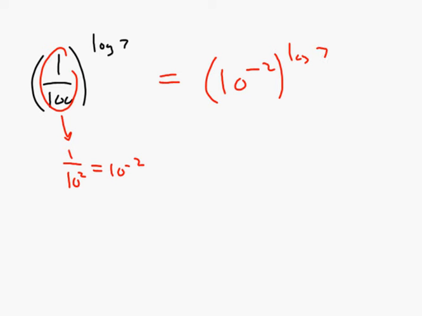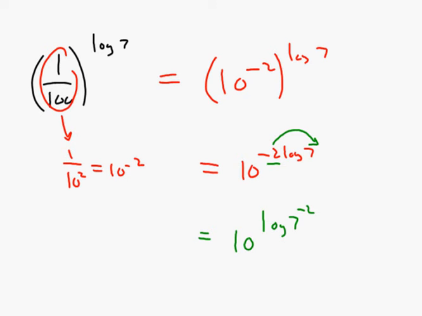We know we multiply exponents in that situation, so it's 10 to the negative 2 log 7. The only thing that should be bothering us is this negative 2 in front. We don't want that, so we make it the exponent because of the third rule of logs that we proved: 10 to the log of 7 to the negative 2 power.